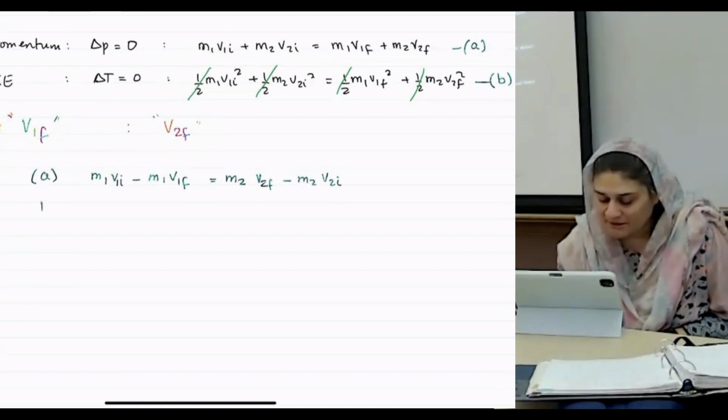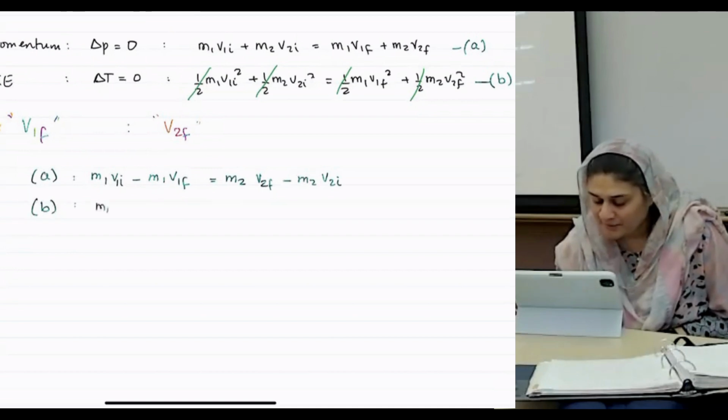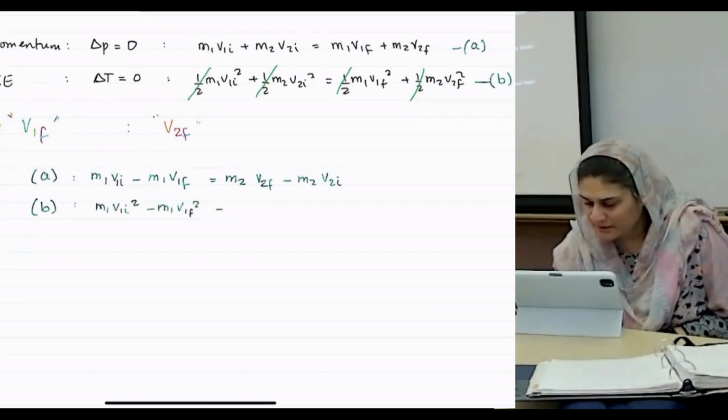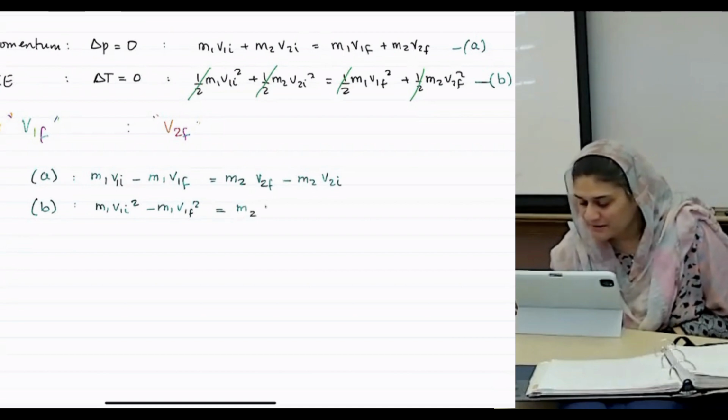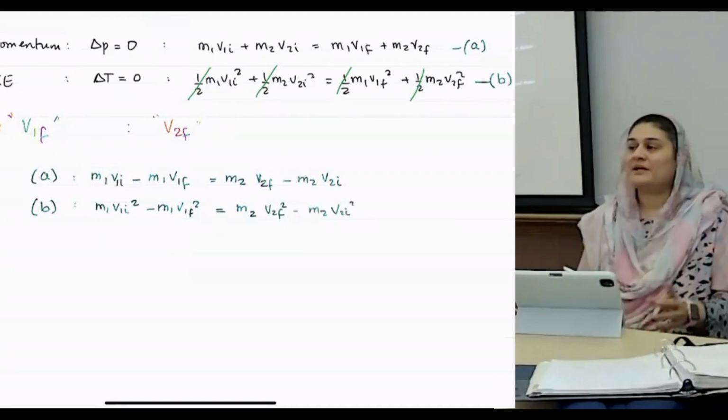And may I write B as M1 V1I squared minus M1 V1F squared equals M2 V2F squared minus M2 V2I squared. I just rearranged them.